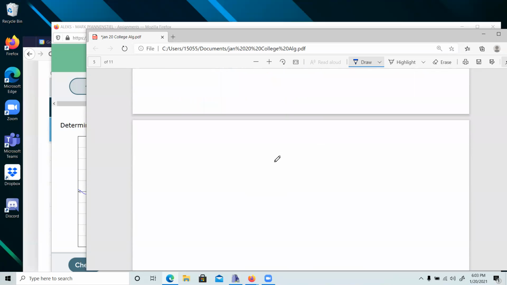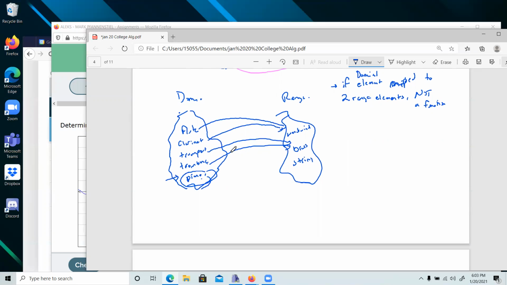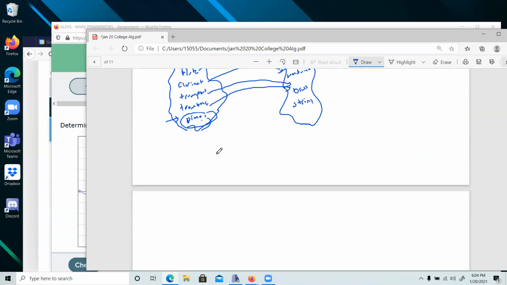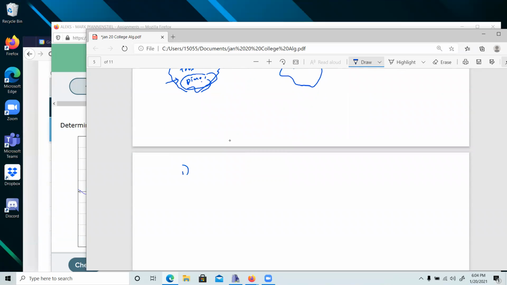If we try another example that's very similar, if we have our domain here, range, and this time we'll do flute, saxophone, and a tuba. And then a range again.